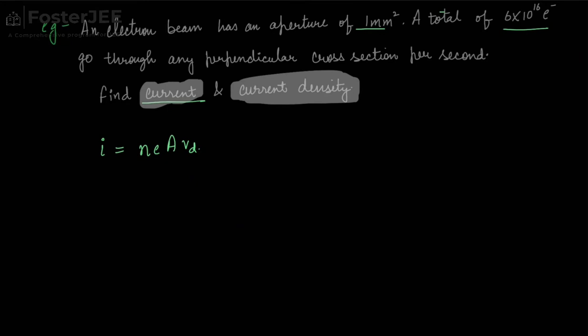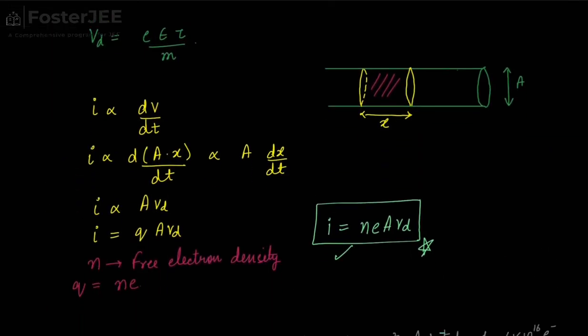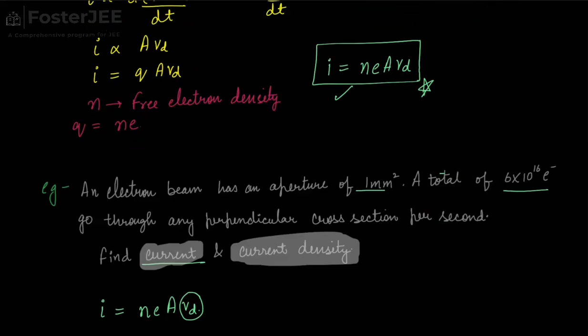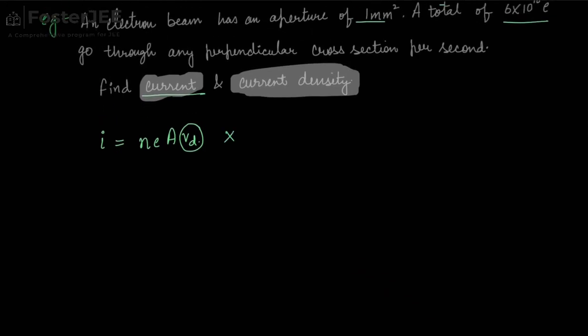For this, everything is known except this vd, and for vd we require many more parameters like electric field, relaxation time, and also the mass of the electron is known, but we don't know the electric field value and the relaxation time, so we can't use this formula here.